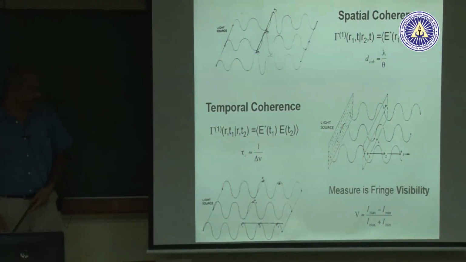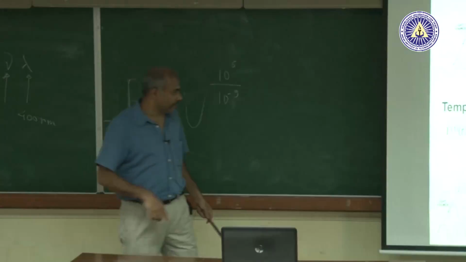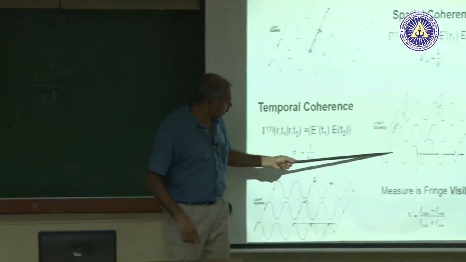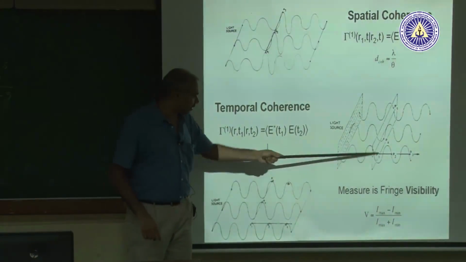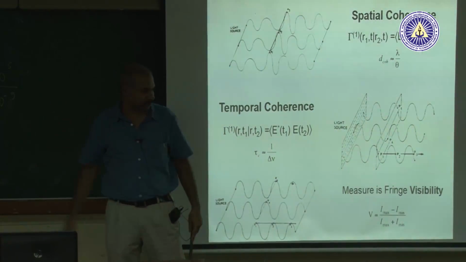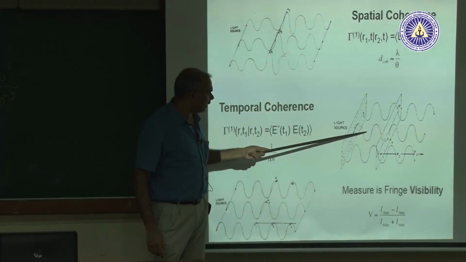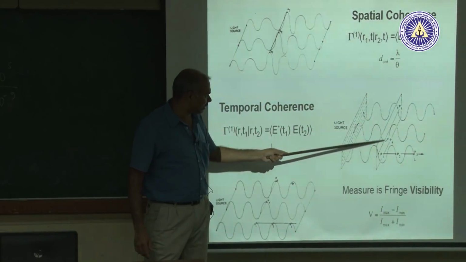Similarly, there is something called temporal coherence. This is coherence in time. So you see that this is a particular wavelength. In time, they are nicely periodic. If it's nicely periodic, I can predict who is going to come later, right? That's what temporal coherence is. Of course, in space I am not able to predict, this one is in the middle, so this is somewhere else.